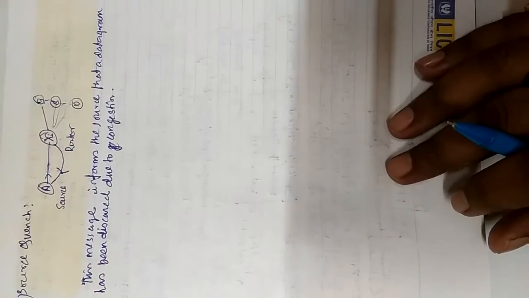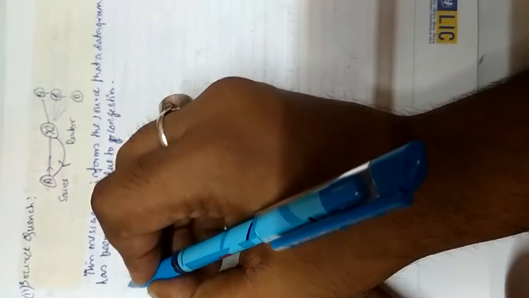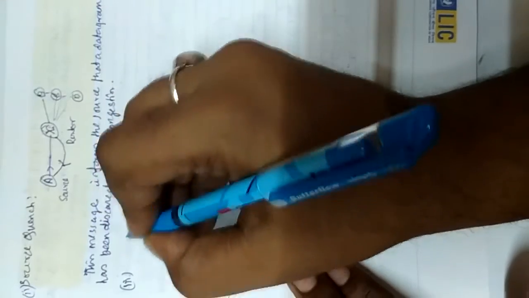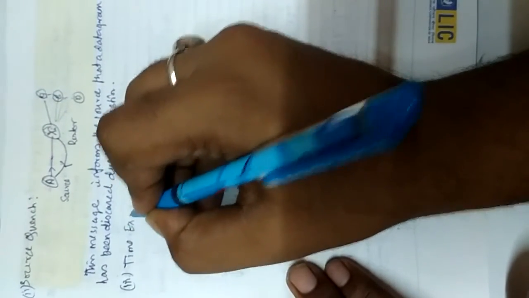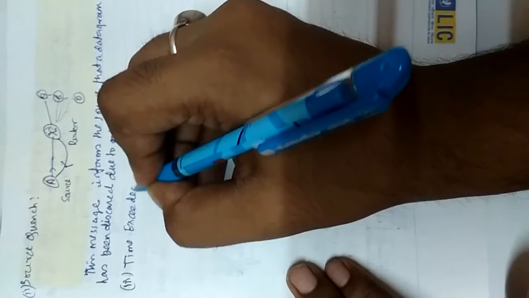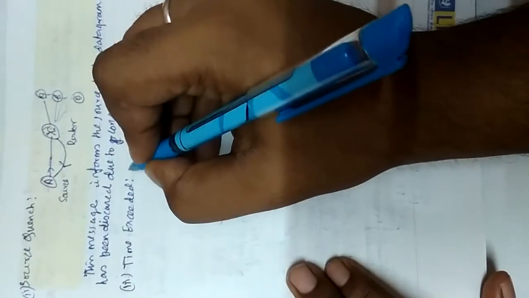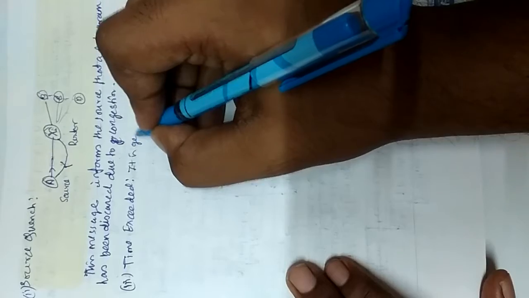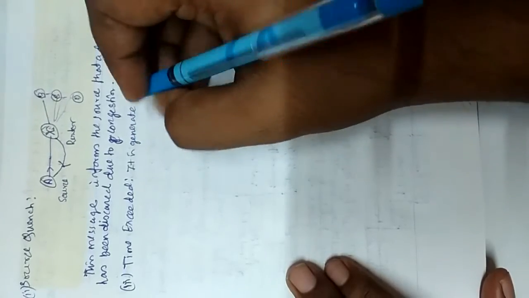So let us begin. This one is number 3, time exceeded. It is generated in the following two cases, as I have already told.